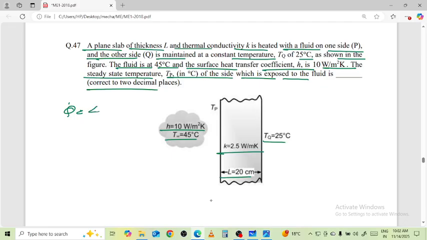Q equals delta T by summation R thermal.